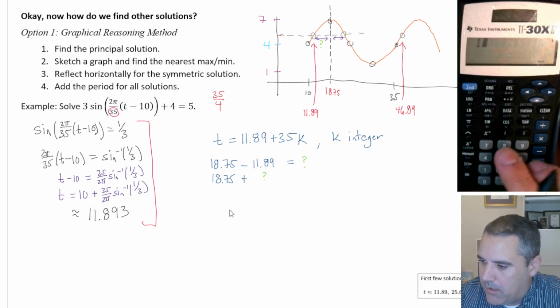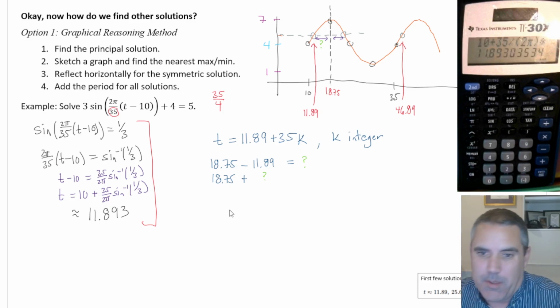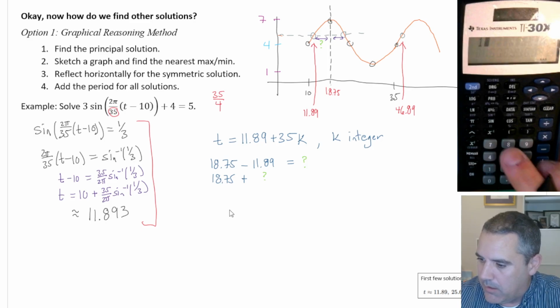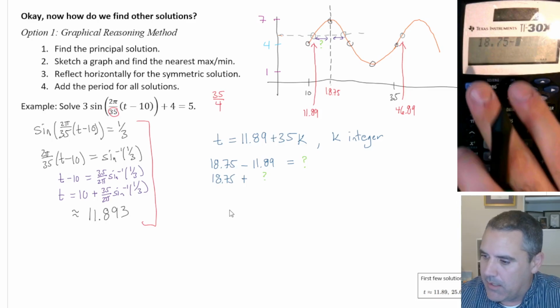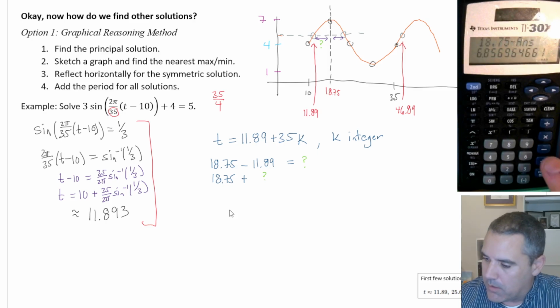Okay, so we're going to do 8. Just a moment. I'm going to grab my last answer here. So there's my last answer, that 11.89. And now I'm going to do 18.75 minus that answer. And then I'm going to add that on.